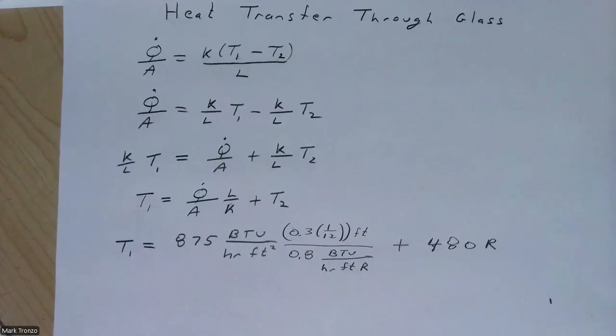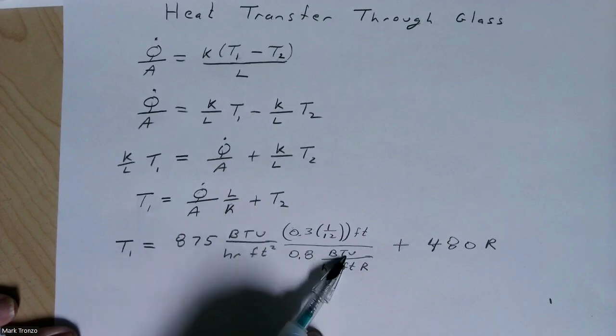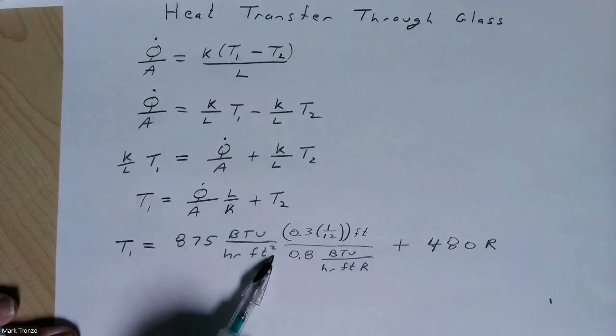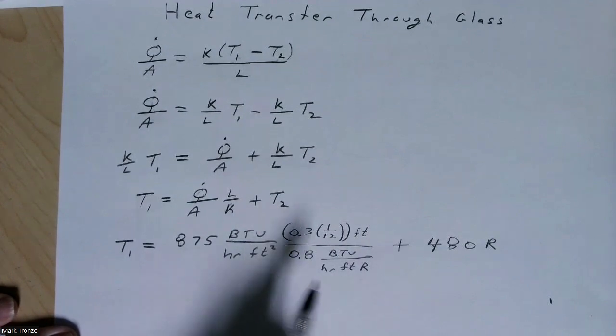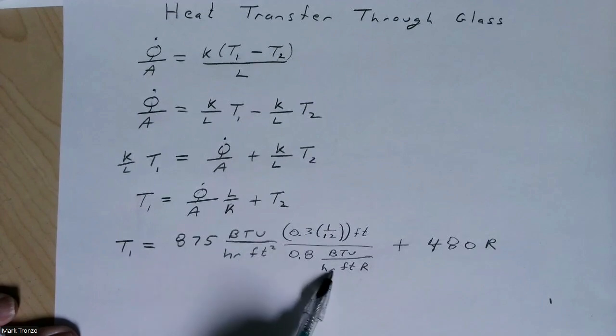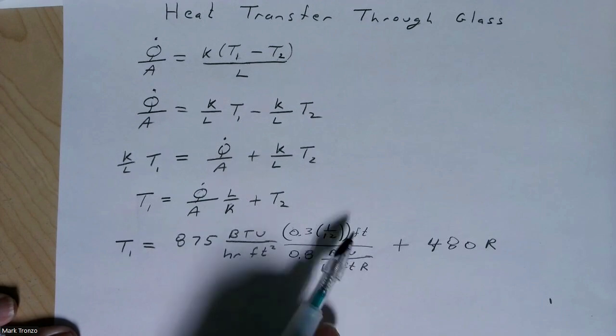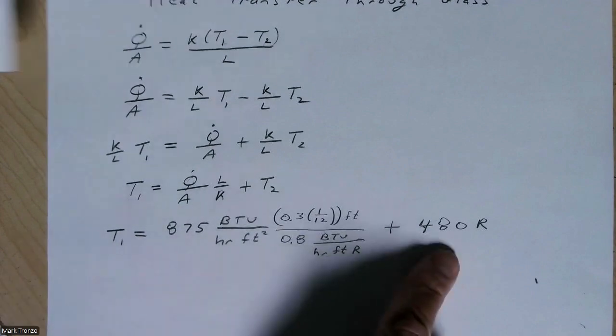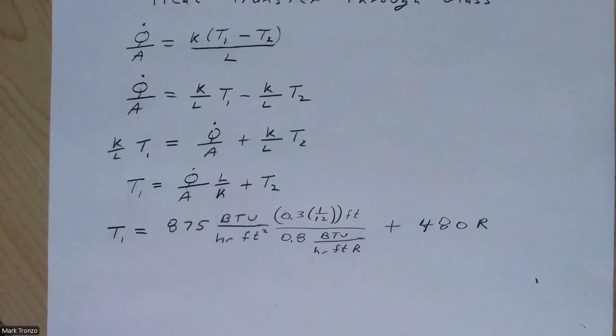Now let's check how our units are working out here. The BTUs are going to cancel. We have a foot here, it's going to go in the numerator, so that'll give us foot squared. Foot squareds are going to cancel, and the hours are going to cancel. Then we have a 1 over R in the denominator, that's going to go to the numerator, giving us another Rankine. So everything's looking good.